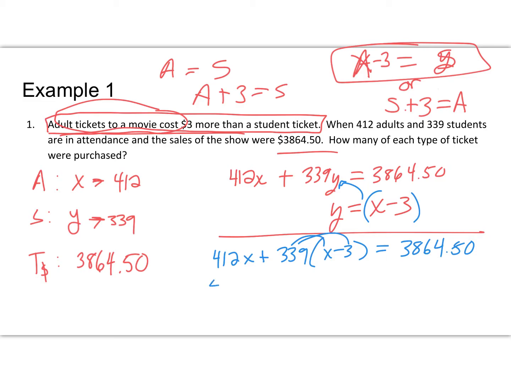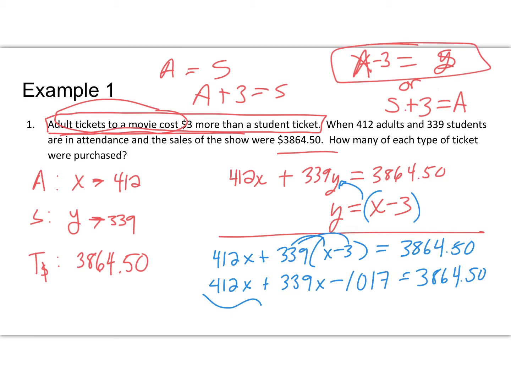Distribute. 412x plus 339x minus, so we're going to do 339 times 3. I need my calculator for this. 339 times 3, I get 1017, equals 3,864.50.